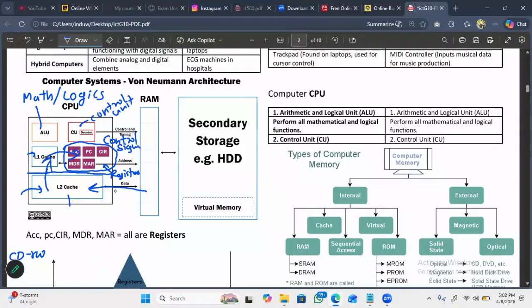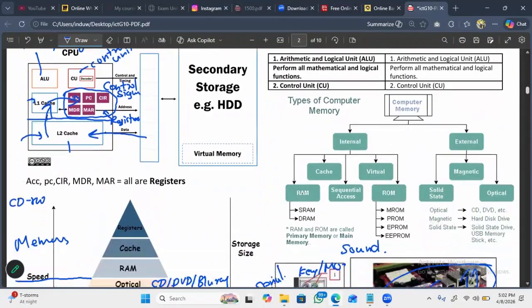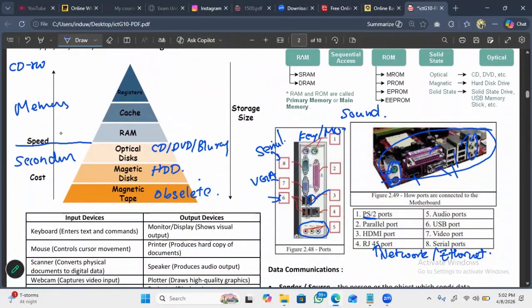Here I have drawn blue boxes for memory and storage devices. ALU and CU I haven't used blue color because those are not memory or storage. But here we have divided it again into memory and secondary storage separately, because optical disc and magnetic tape, which is obsolete, are not considered memories. Those are storages. Memory is something, storage is something.